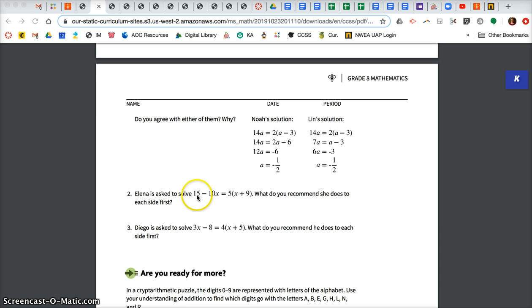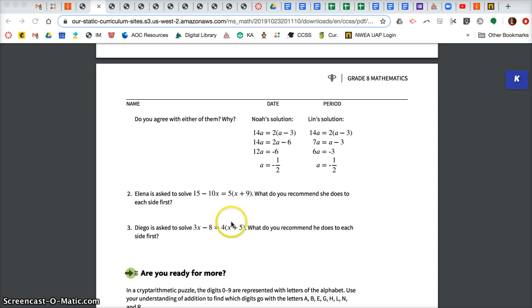But we need to check to make sure that the 15 and the 10 are divisible by 5. And since they are, we can totally divide by 5 first, and that would be a totally acceptable option. Or we could distribute, and that would still be a totally acceptable option. Both ways are fine, but dividing by 5 would result in friendly numbers, as I call them, over here on the left of the equation.